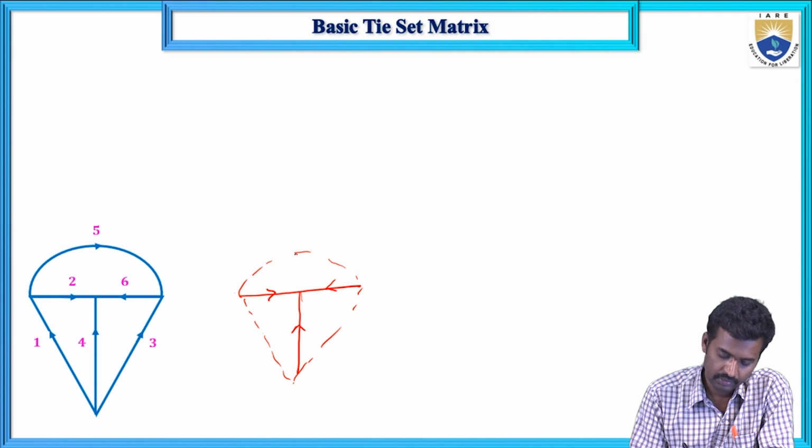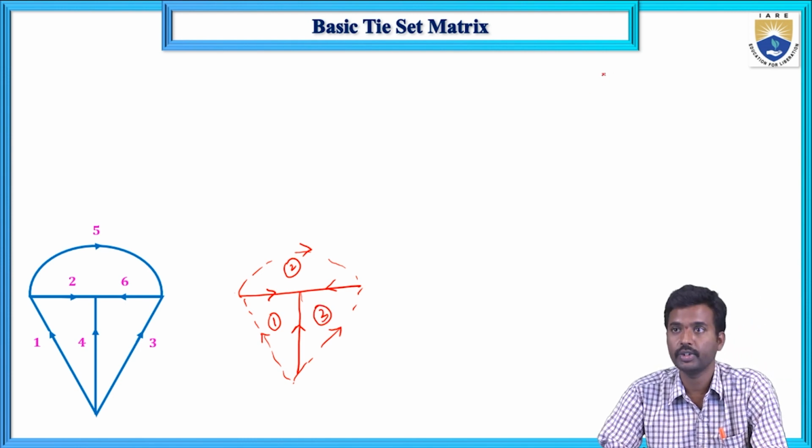These are the links: link 1, link 2 and link 3, and loop 1, loop 2 and loop 3.